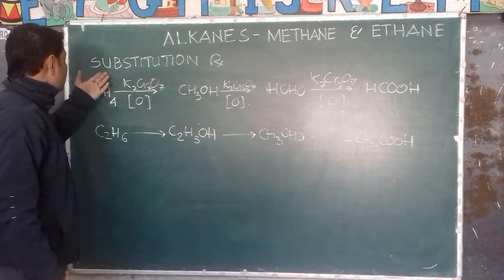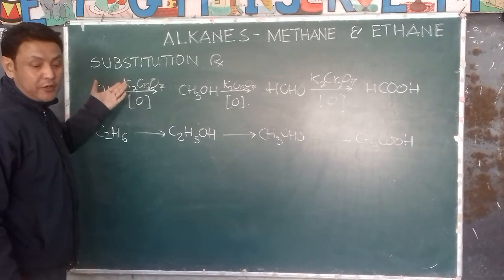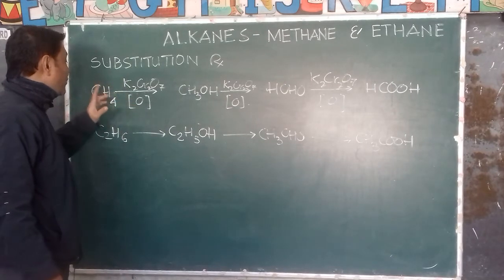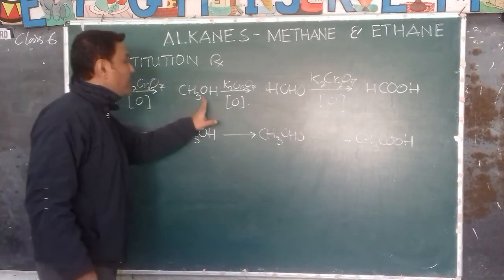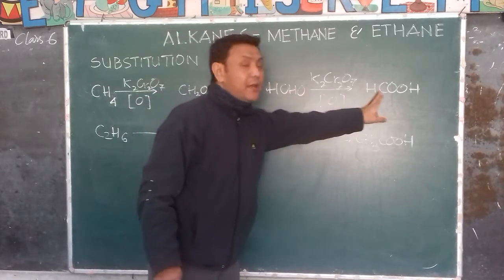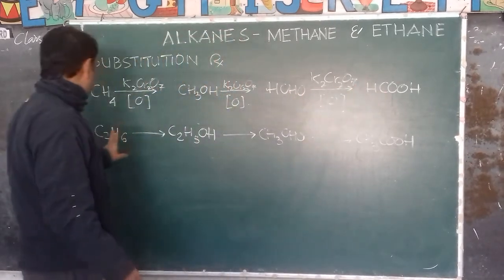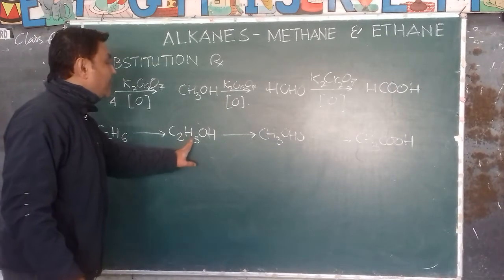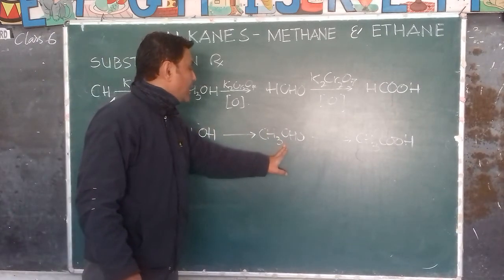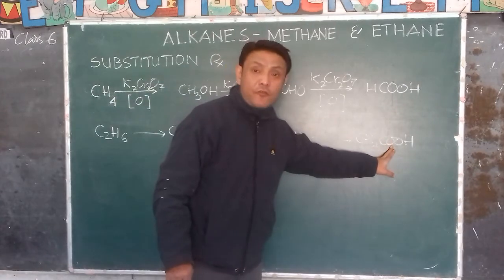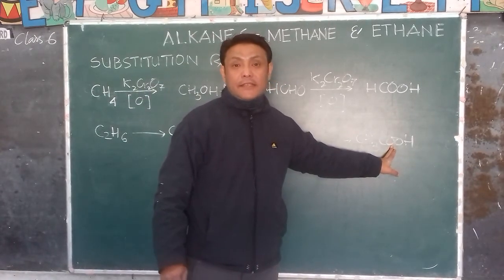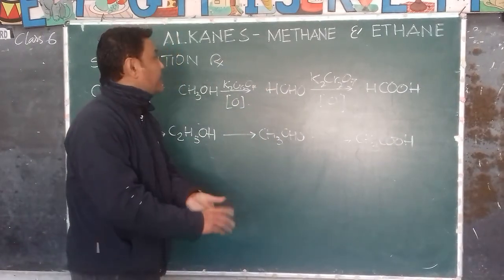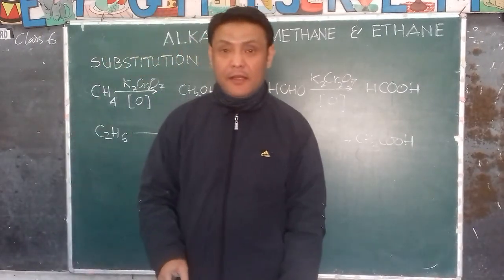So this is the slow catalytic oxidation in the presence of potassium dichromate and nascent oxygen. Once more, methane becomes methanol, methanol becomes methanal, methanal becomes methanoic acid. Similarly, ethane oxidizes to form ethanol, ethanol further oxidizes to form ethanal, and ethanal further oxidizes to form ethanoic acid or acetic acid. So this is all about alkanes, methane and ethane.